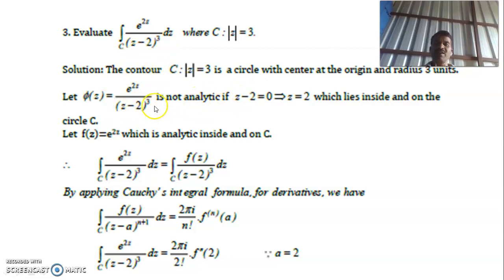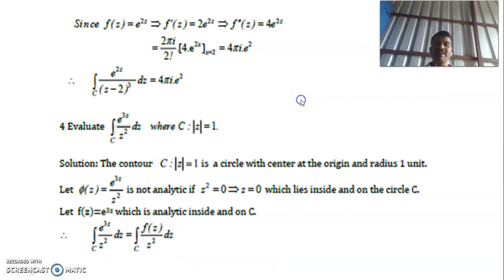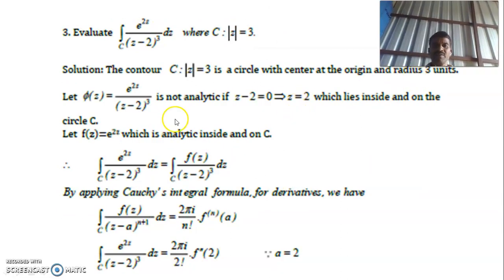The only such point is z equal to 2, and since the domain is radius 3, this 2 lies inside C. So we can treat e power 2z as f of z, which is analytic inside and on the boundary of the circle C.